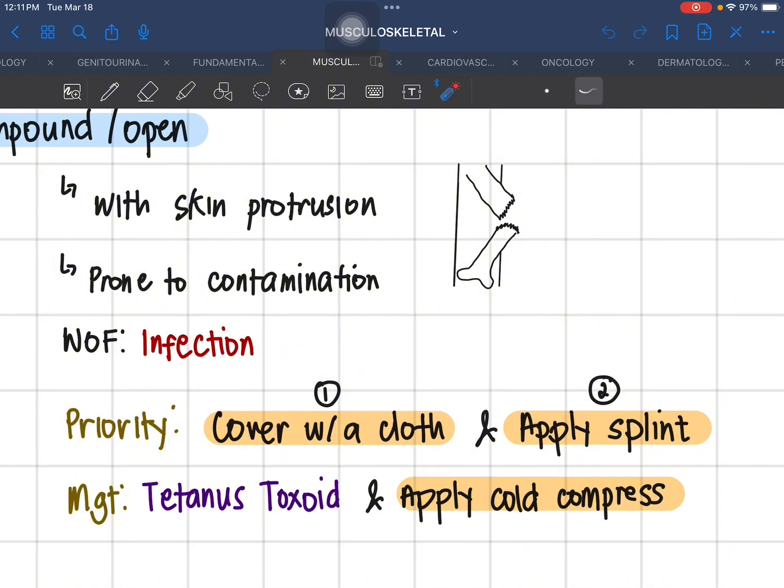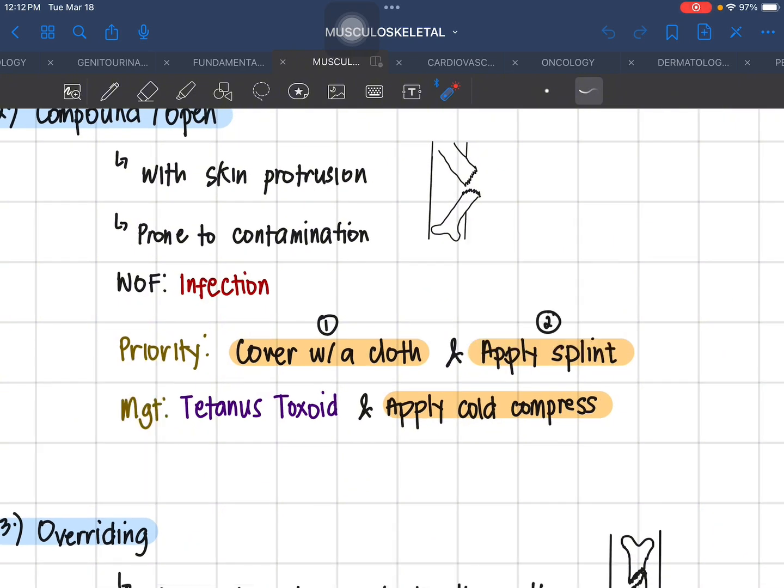Again, kapag open ang fracture, may skin protrusion, hindi na intact yung skin natin, prone siya sa infection. So, cover natin siya with cloth, and apply tayo ng splint to immobilize.